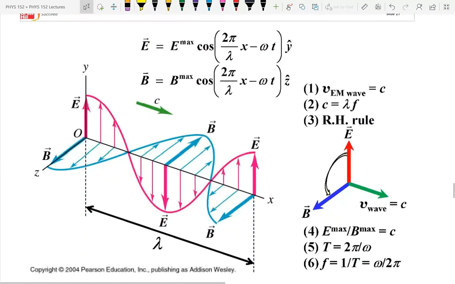Now we can talk about this picture more carefully. This is the picture that was on the opening slide. This is showing the relationship between electric field, magnetic field, and velocity. You'll notice C here.